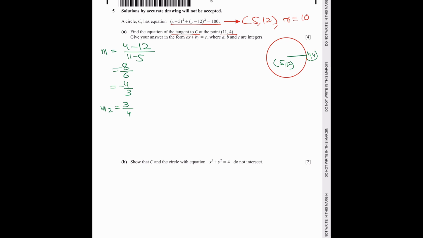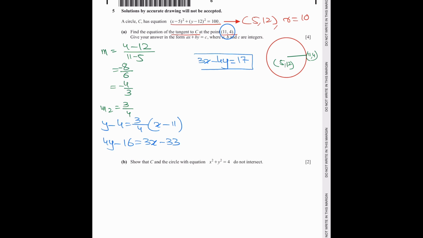Now using the equation of line, now you will use the point, so y minus 4 equal to 3/4 times x minus 11. Cross multiplying, so we have 4y minus 16 equal to 3x minus 33. So rearrange, so 3x minus 4y equal to negative 16 plus 33 is 17. So this is your required answer.